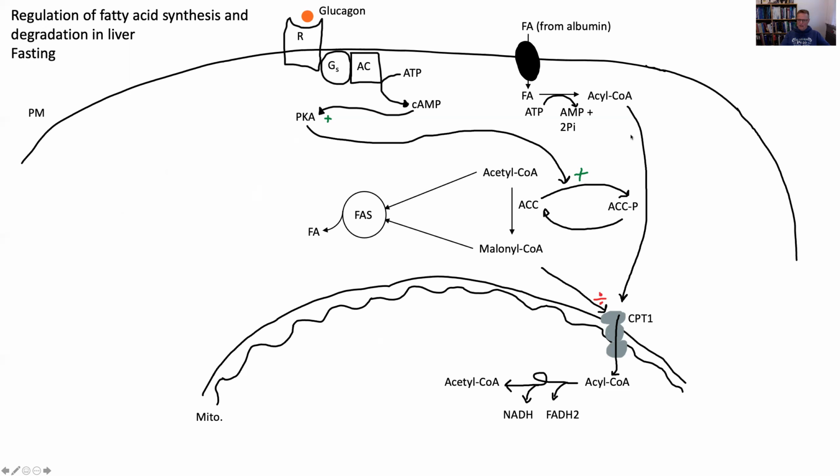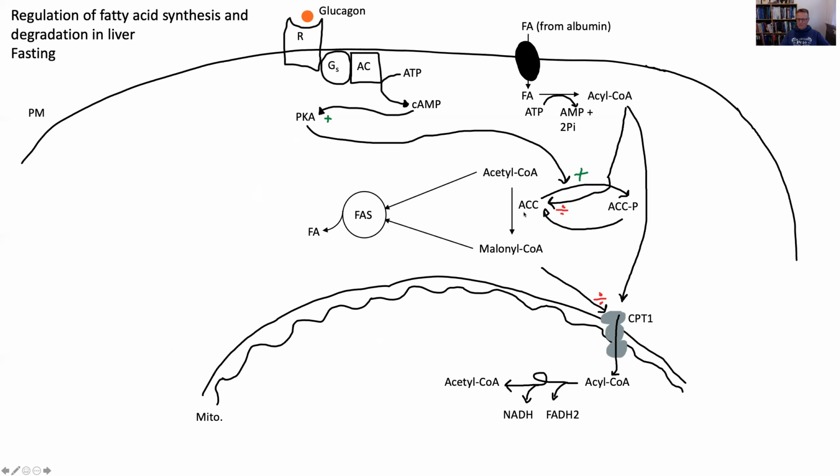This interaction between fatty acid synthesis and degradation is extremely important because it ensures that when we degrade fatty acids by beta oxidation in mitochondria, we're not synthesizing fatty acids. We also know that the activated form of fatty acids, acyl-CoA esters, are actually also an extremely strong inhibitor of acetyl-CoA carboxylase by itself.